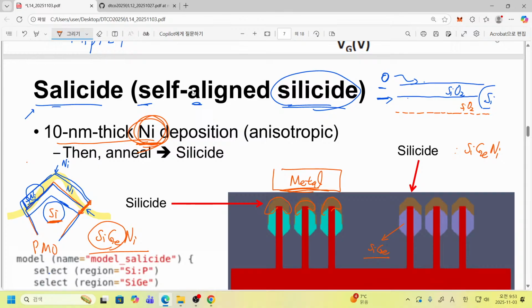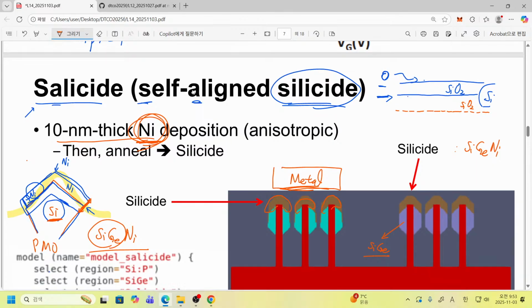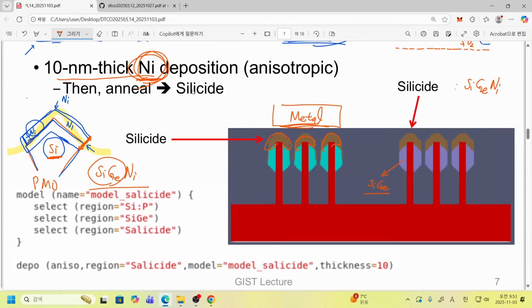However, in our Ångström craft, we cannot make the change from nickel into nickel silicide, so we will neglect this and just mimic silicidation with a quite simple selective deposition only on top of silicon. So please be careful.